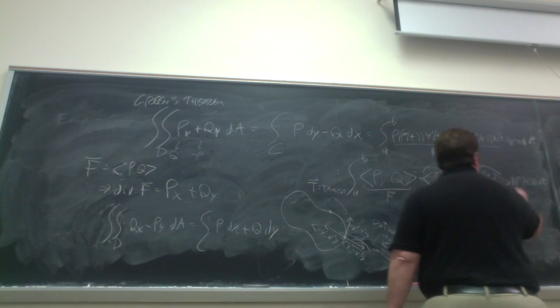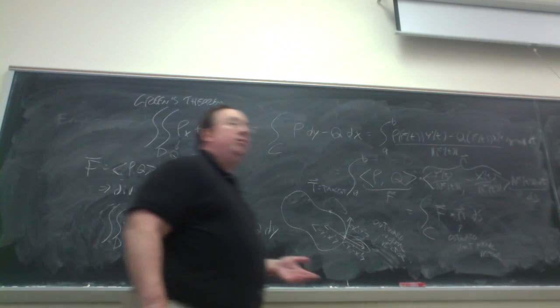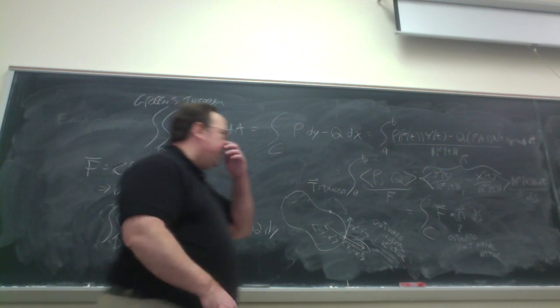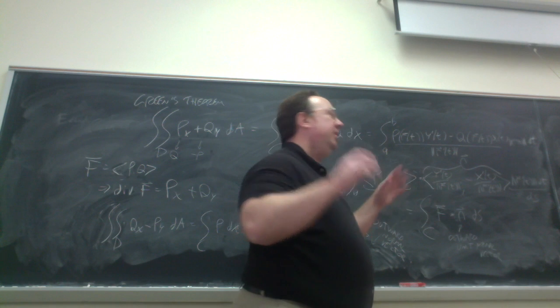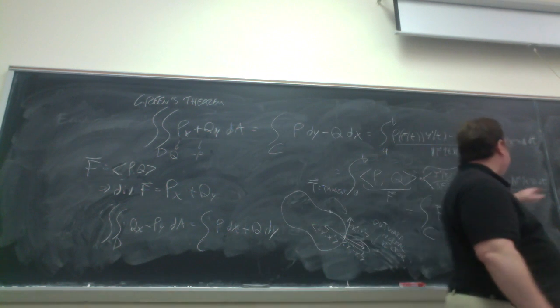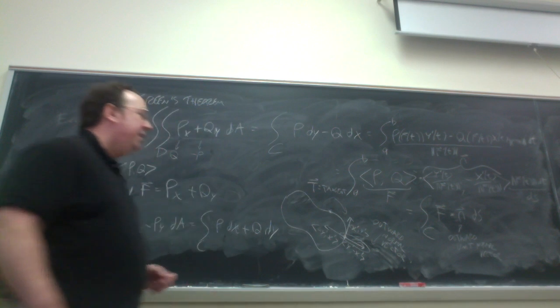And then this right here is ds. From our first brush with line integrals of scalar valued functions, you had that expression square root of x prime squared plus y prime squared plus z prime squared times dt. That's ds, the element of length along the curve C.